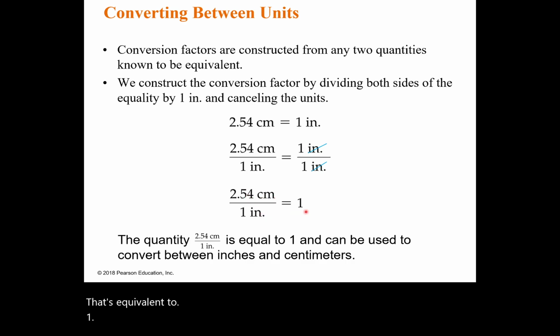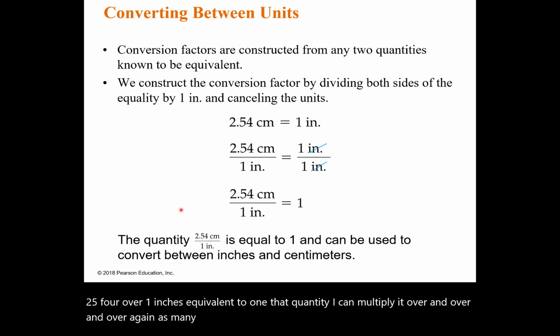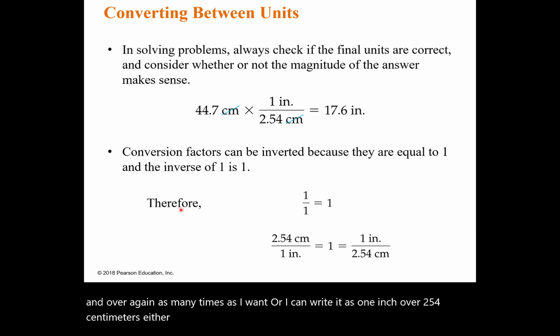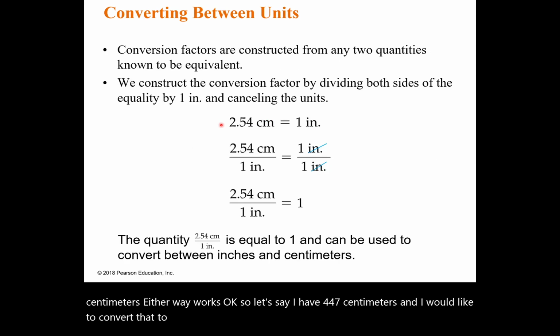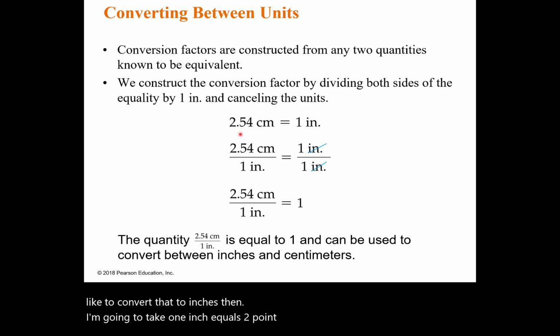2.54 centimeter over 1 inch is equivalent to 1. That quantity, I can multiply it over and over again as many times as I want. Or I can write it as 1 inch over 2.54 centimeter. Either way works. Okay, so let's say I have 44.7 centimeter and I would like to convert that to inches. Then I'm going to take 1 inch equals 2.54 centimeter, and I need to write a ratio with that.